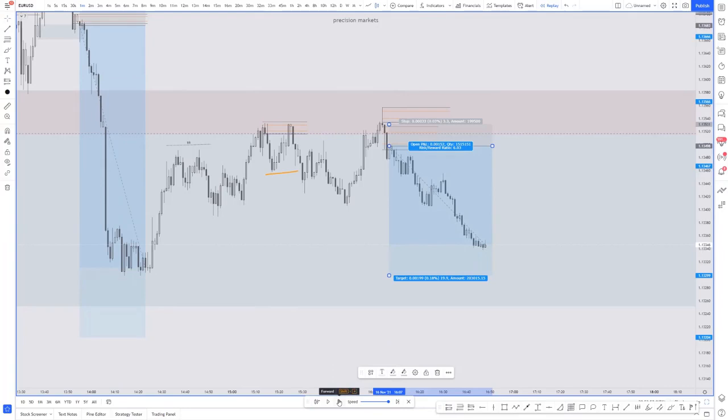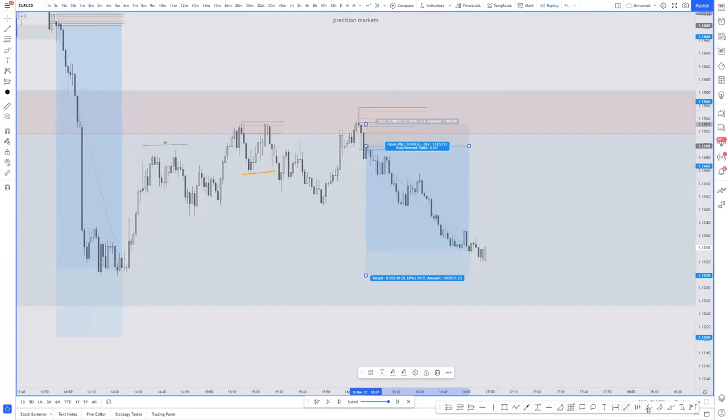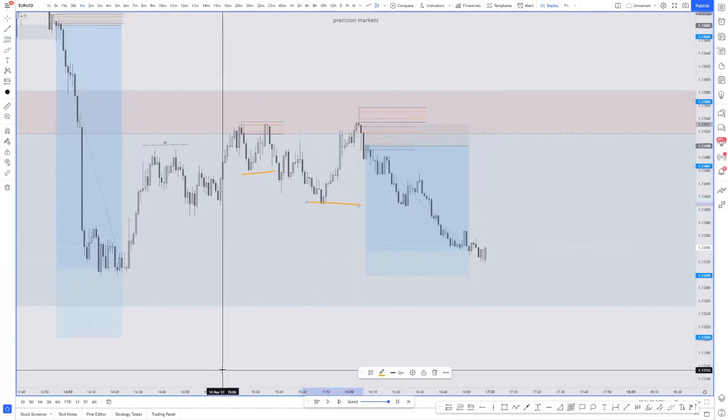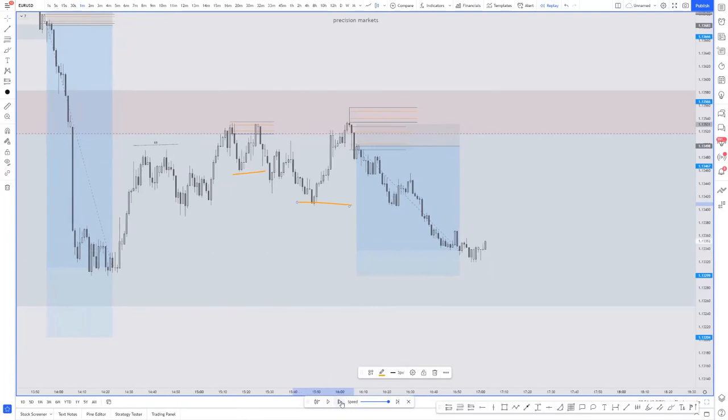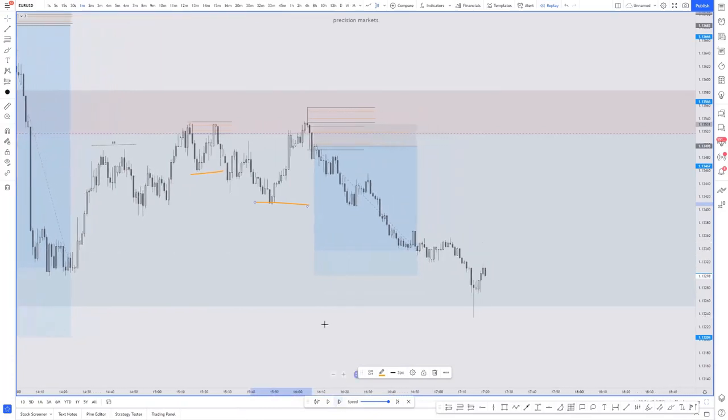I don't love 3 pip stops on Euro. I definitely do not. But again, you'd be risk off as soon as this low runs. So we would have likely broke even on the first one. Even if you took a loss, it's not the end of the world.